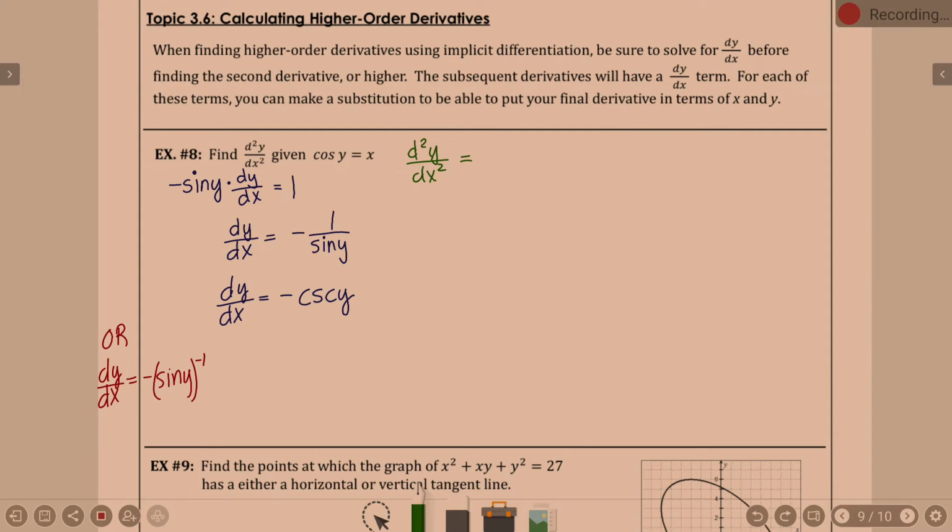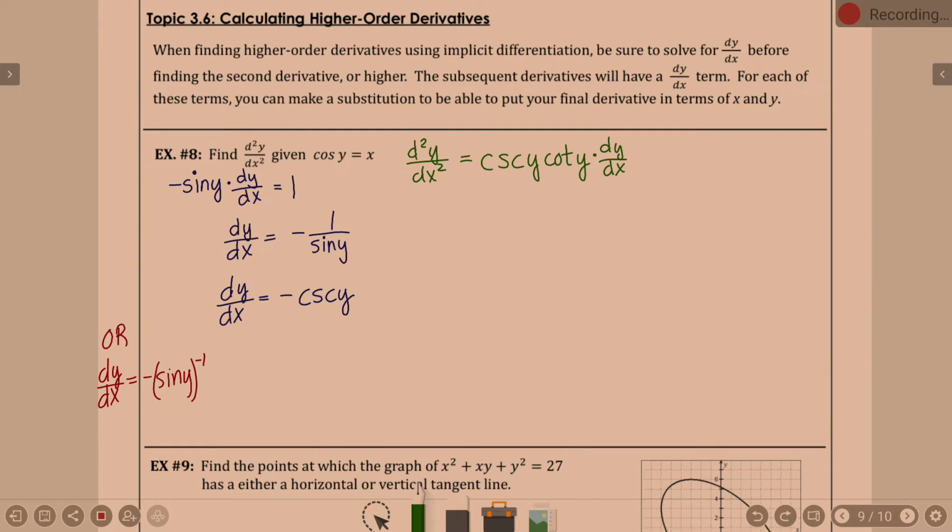So the derivative of cosecant of something is negative cosecant cotangent of something. So the derivative of negative cosecant is going to end up being positive cosecant y cotangent y, and then times the derivative of the inside, so times dy/dx. You've got to know those derivatives, right? It's a memorization thing at this point.